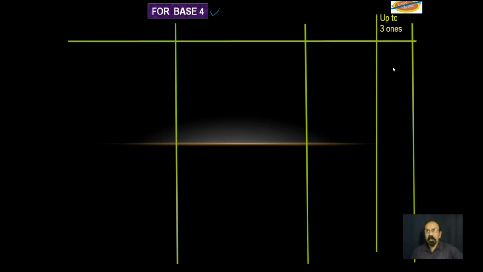So we are setting up this grid for base 4. In this first position here, we will have 1s, that is 4 to the 0 power. In this second position here, we can have up to 3 groups of 4 1s. In this third position here, we could have up to 3 groups of 4 1s.